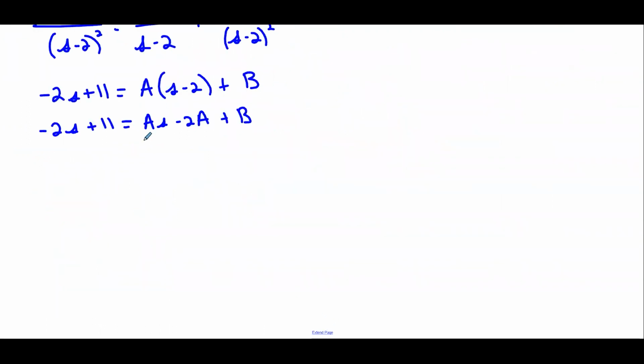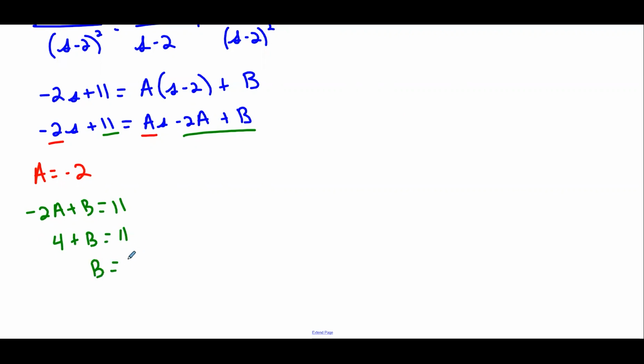And we're just going to compare coefficients here. So a must be equal to -2. And then I have negative 2a plus b has to be equal to 11. So let's just plug in a equals negative 2. So that'll make this positive 4 plus b equals 11. So b is equal to 11 minus 4 is 7.